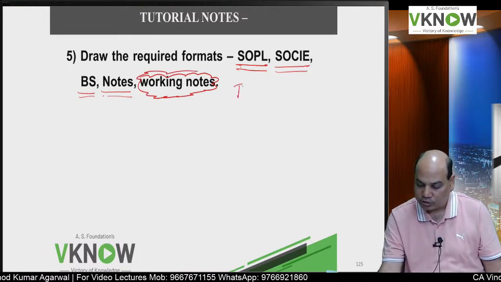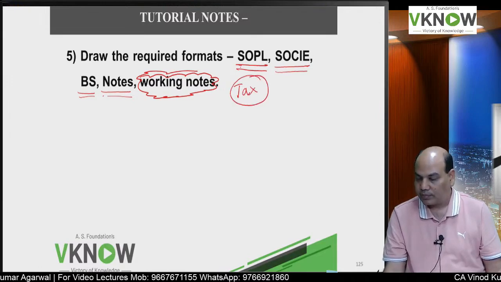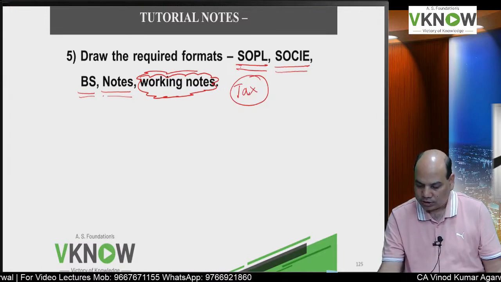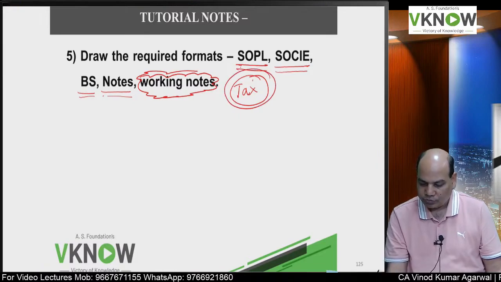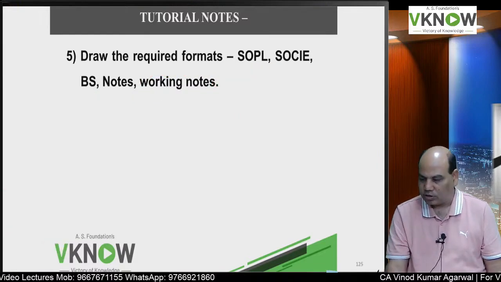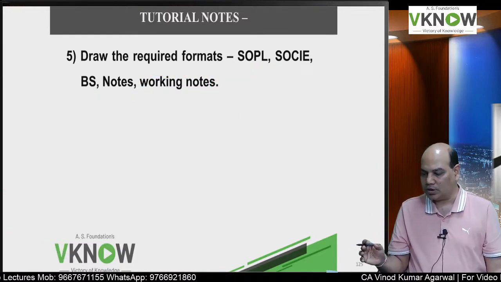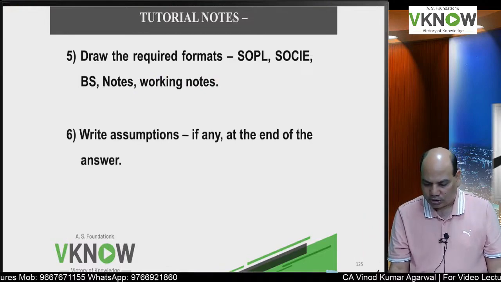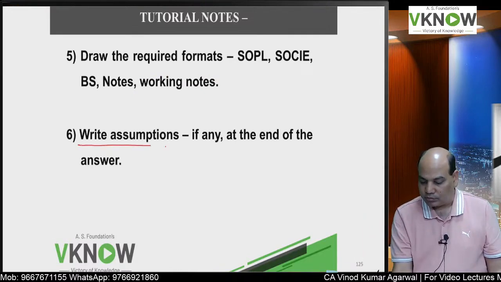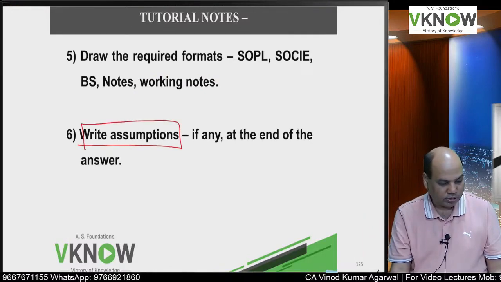For example, for tax calculation, you may have to prepare a working note like that. So sometime we might require working note for tax calculation or depreciation calculation, etc. But otherwise not required. And very important last point, number 6.